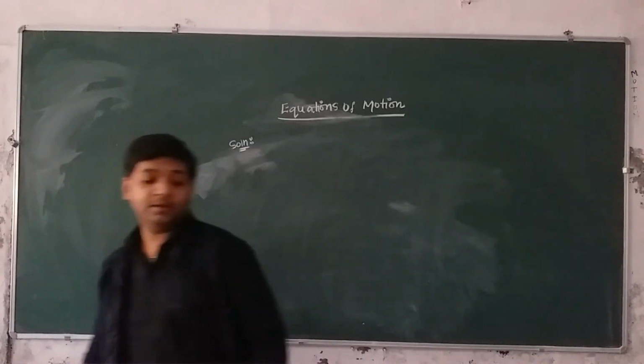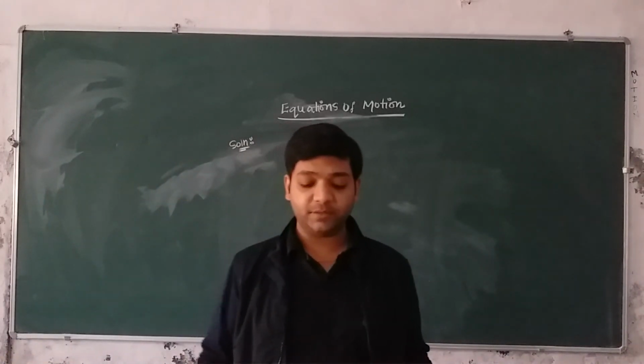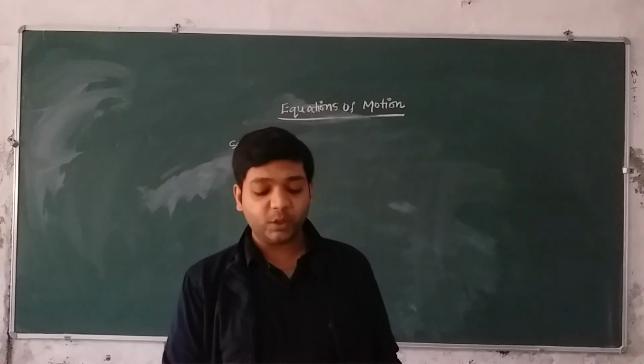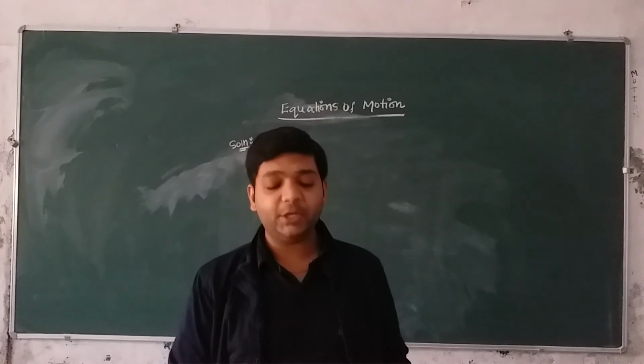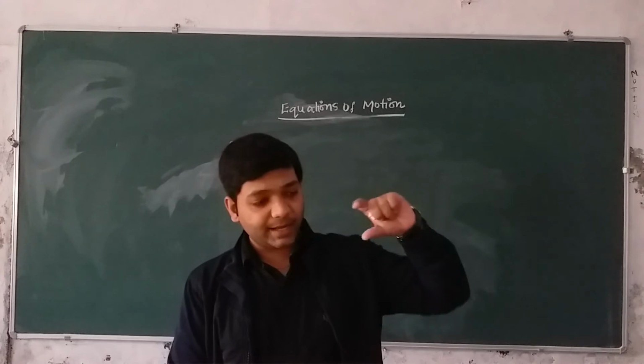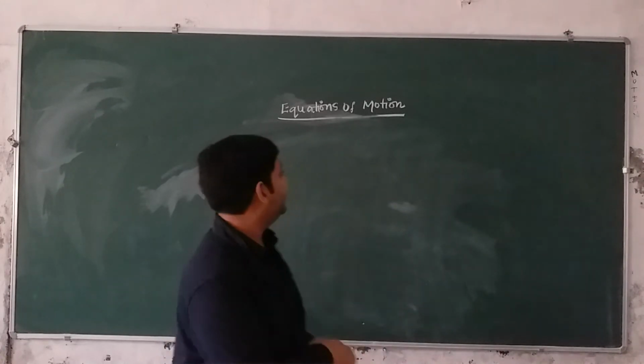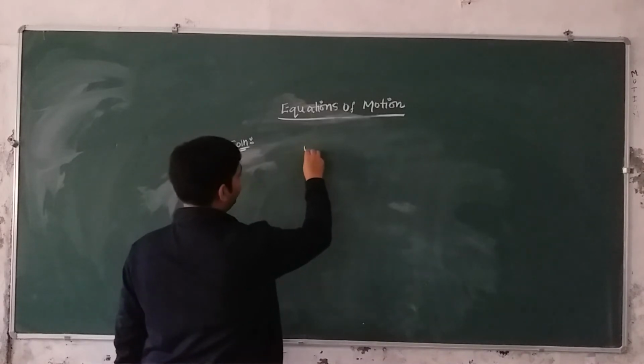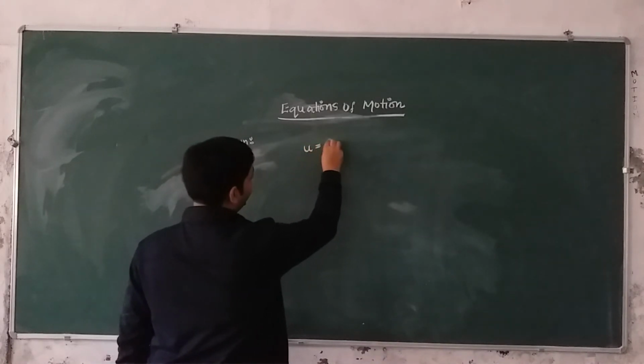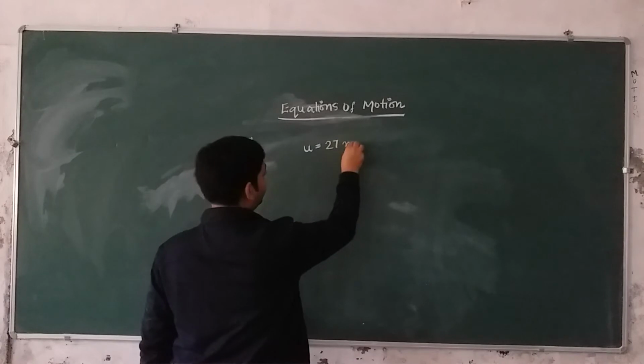So now let us do the solution. Please read what the question is saying. Brakes are applied to a car. There was a car that was moving with a velocity of 27 meter per second. That means in this question initial velocity is given as 27 meter per second.